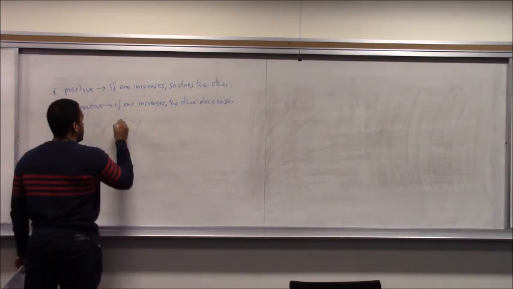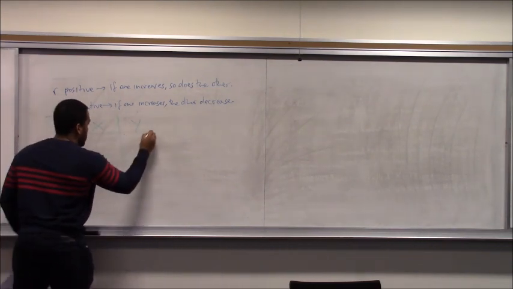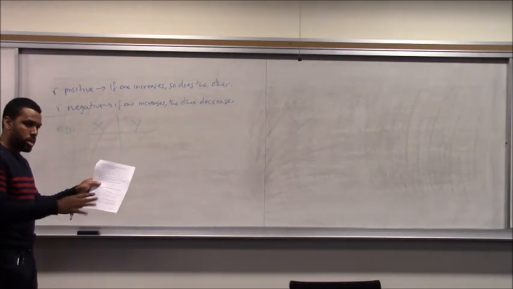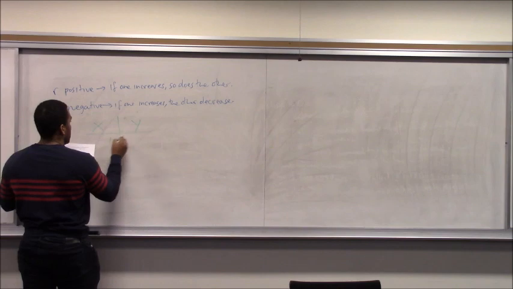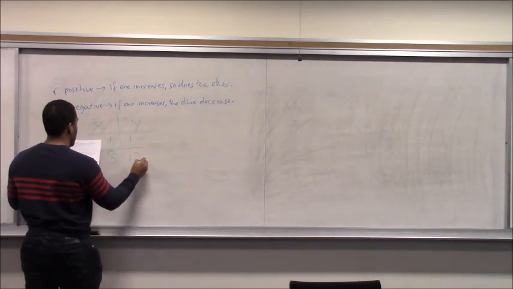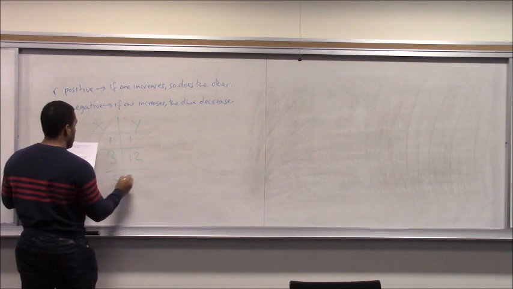Here are some X values and Y values, and this is pretty typical. On a test, you'll usually be given 3 or 4 values for each. So it's like, here's one: when X is 1, your Y is 1. When X is 3, your Y is 12. And when X is 5, your Y is 10.